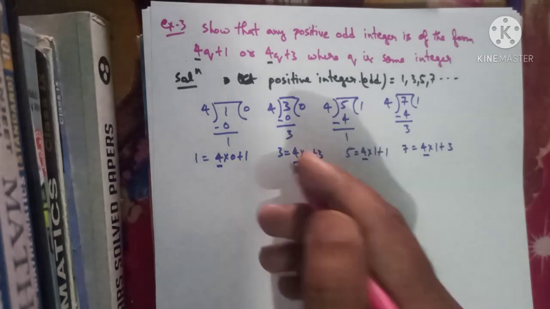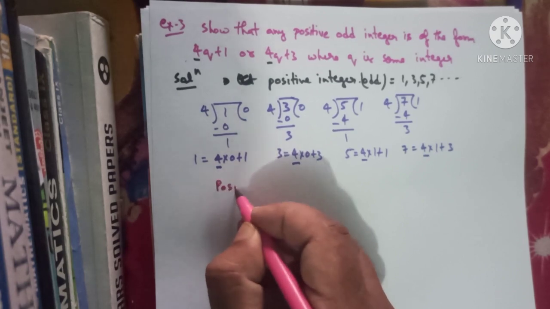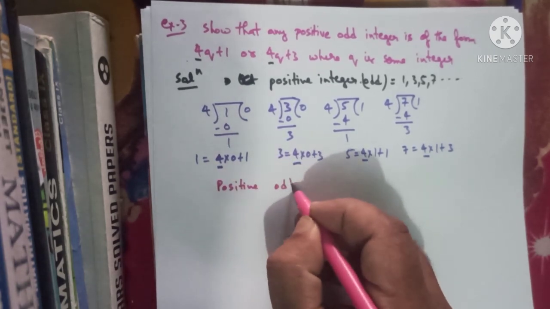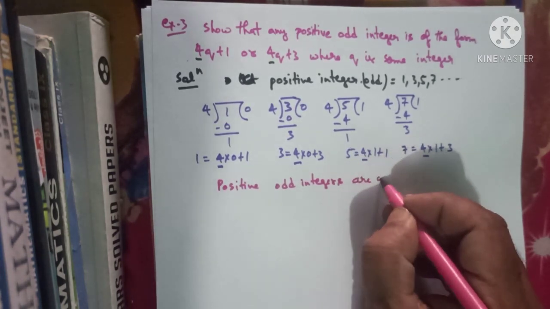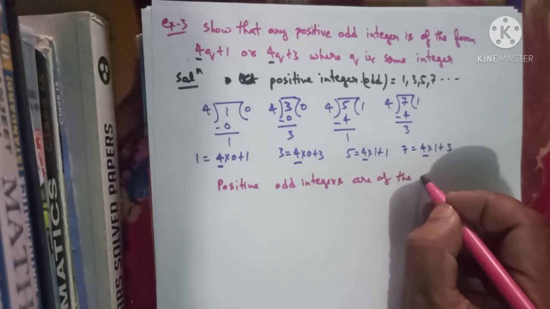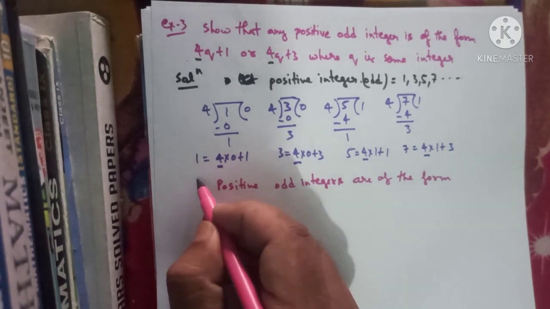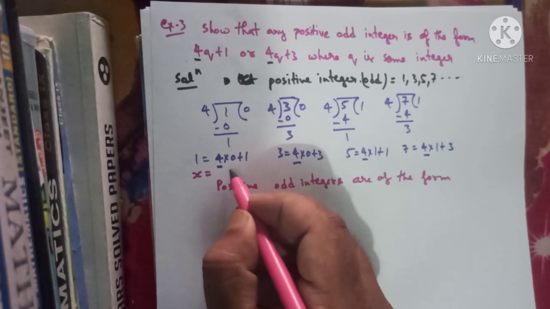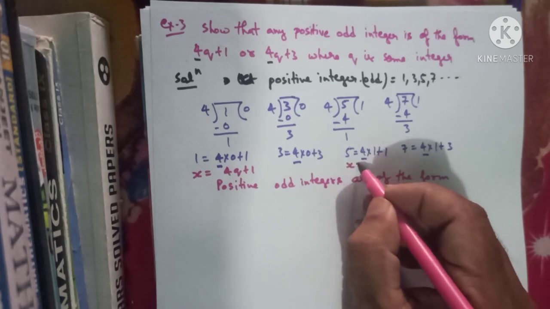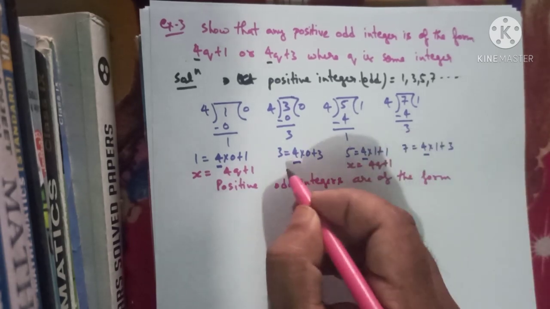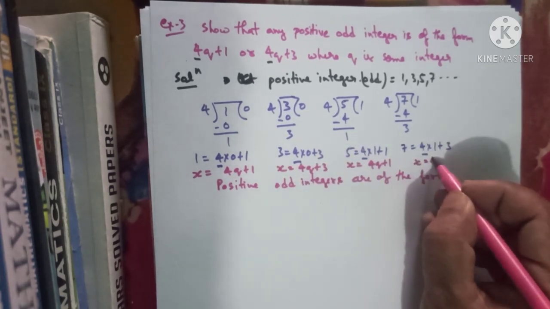So we can say that all the positive odd integers are of the form of dividend, that is x equals 4q plus 1, here it is also x equals 4q plus 1, here it is x equals 4q plus 3, and here x equals 4q plus 3.